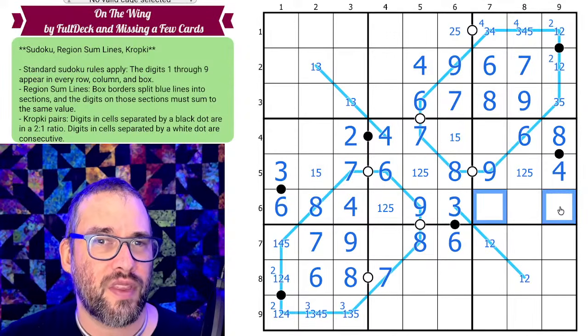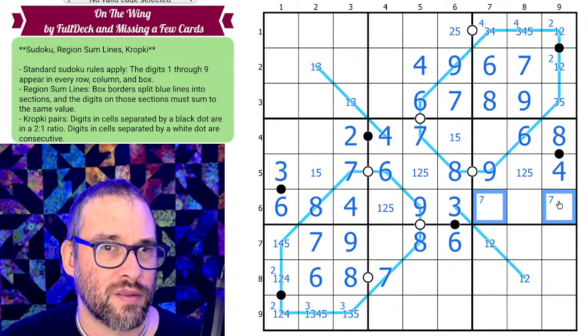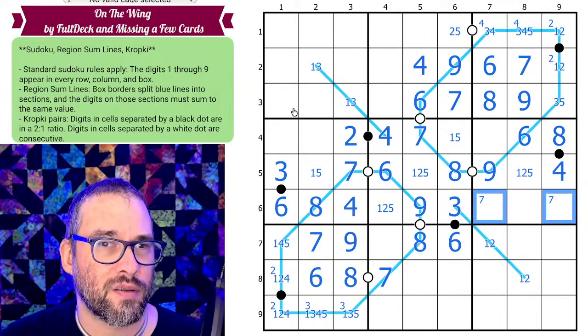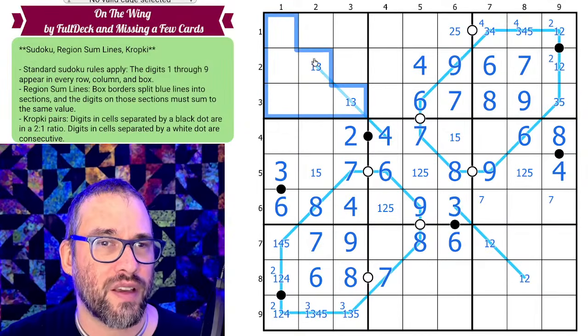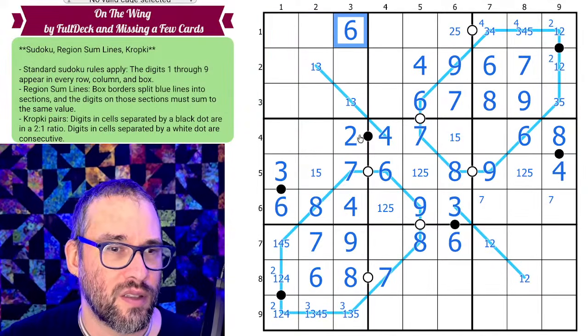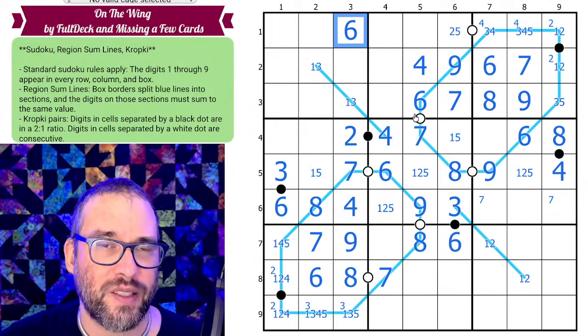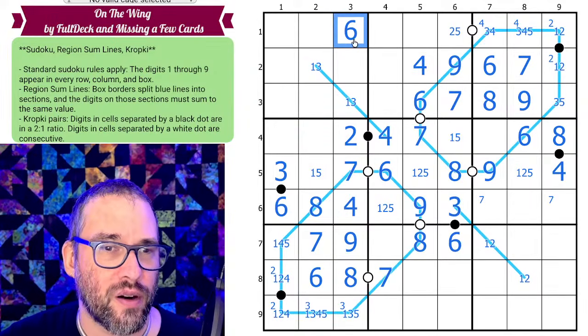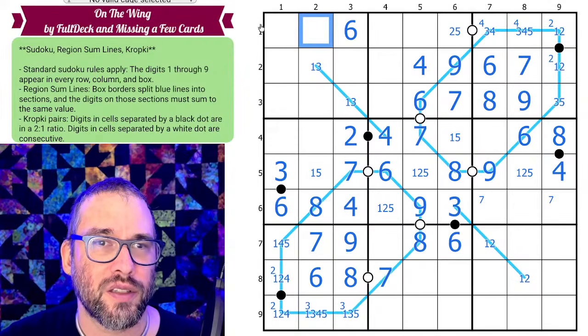Let's see, one of these is a 7. 6 in box 1 I'm being asked to look at. Yes. Mehdi says 7 and 9 in row 1 are also good.